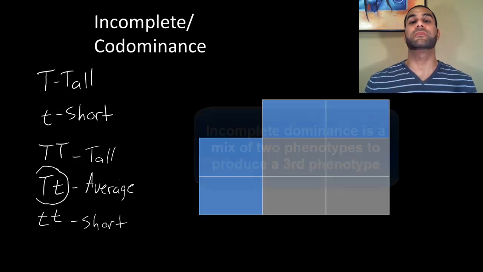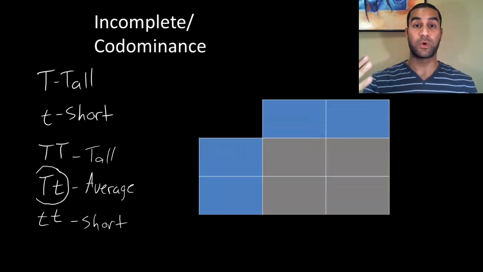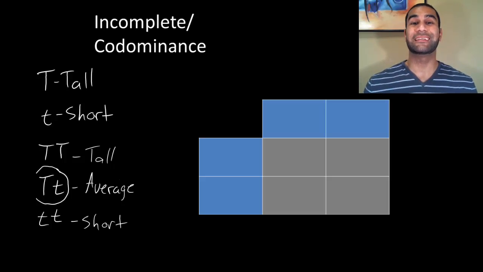So anytime you're dealing with a mixing of two possible phenotypes to produce a new third phenotype, we call that incomplete dominance. So in this case, instead of red and white, you would have a mix of the two, so something like a pink offspring. So a pink flower being produced from a red and white flower is a good example of incomplete dominance.